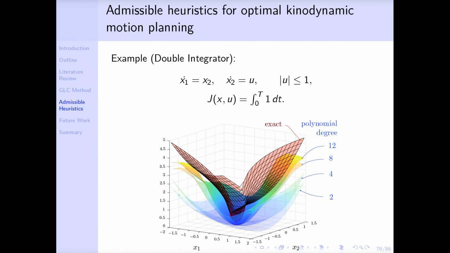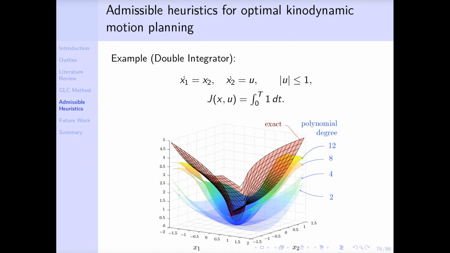So here in the graphic, I'm showing in the red contour the exact optimal cost to go that we can calculate by hand. And then each of the contours below show the output of this sum of squares optimization, where we consider all the polynomials of increasing degree.